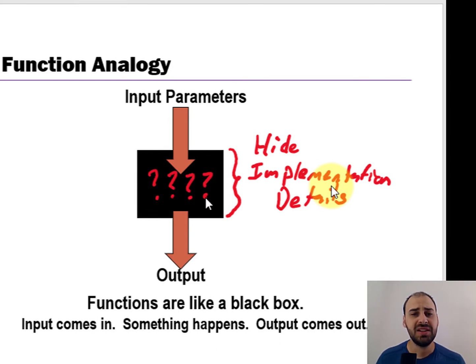So we'll learn how to build these things, and this gets to a concept of code reusability. You build some logic once, and you can reuse it multiple times. We'll see that as we go forward.